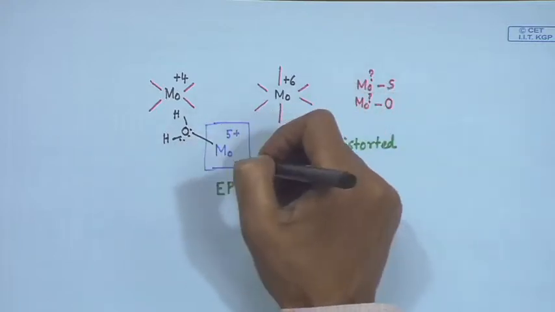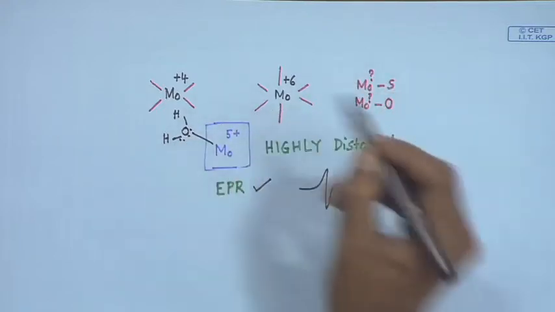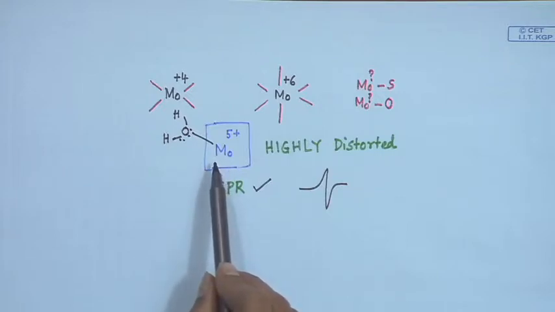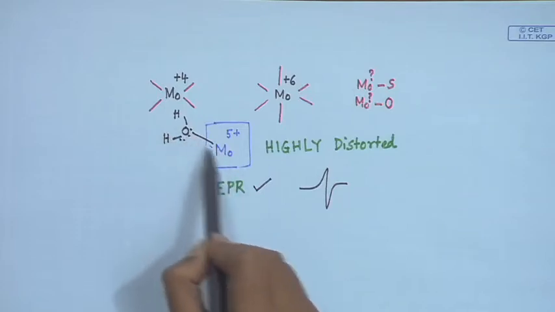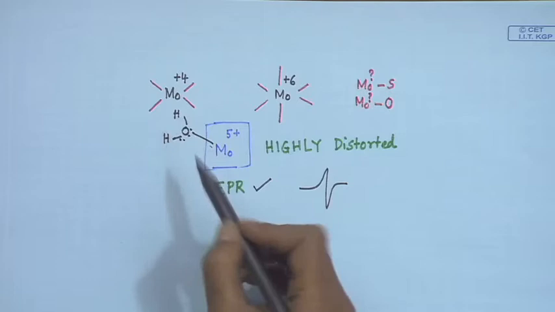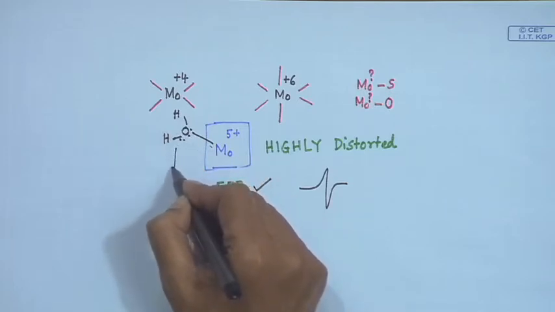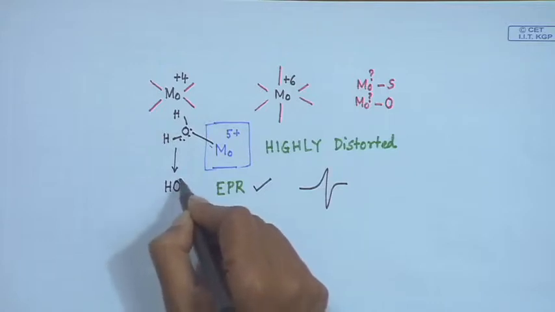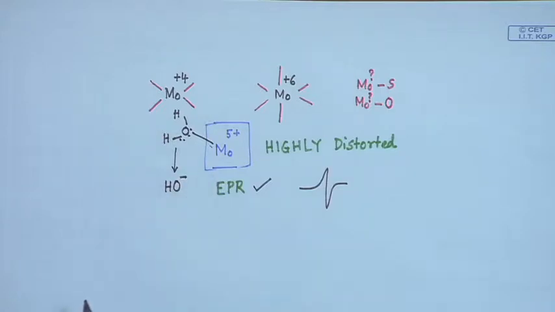Initially, these lone pairs are donated to the molybdenum center, and this molybdenum center shows some acidic property. That means, if this interaction is strong enough, then deprotonation can take place, and this bound water molecule can go from neutral H2O to anionic HO minus.